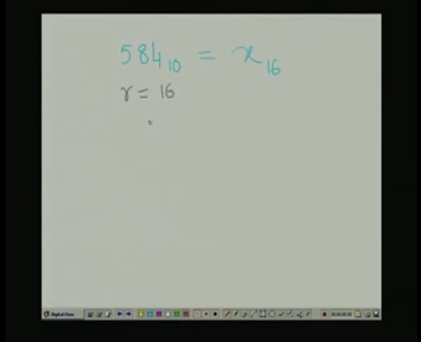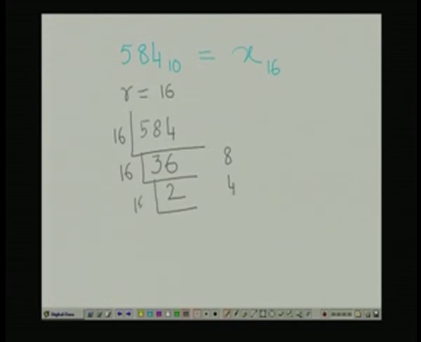So we divide 584 by 16: the quotient is 36 and the remainder is 8. Again we divide, quotient is 2, remainder is 4.